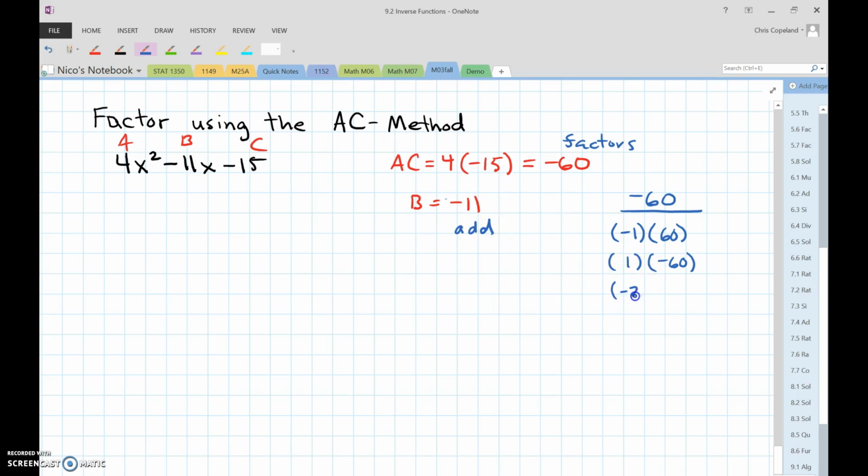So we also know negative 2 times 30 gives us negative 60. Also, 2 times negative 30 would give us negative 60.